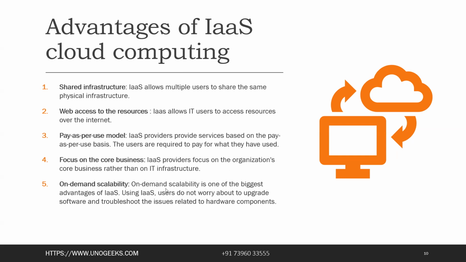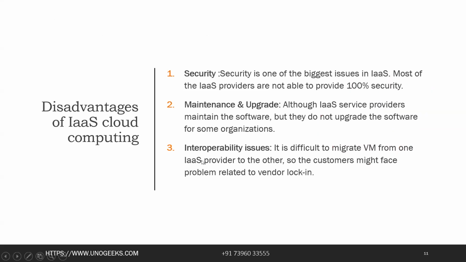Okay, so now here on-demand scalability, and IaaS, infrastructure as a service, you can just utilize those things. Now next, what are the disadvantages of using the IaaS model? The major disadvantage is security, because this security part should be taken care of by the organization itself, the organization who maintains the infrastructure as a service.